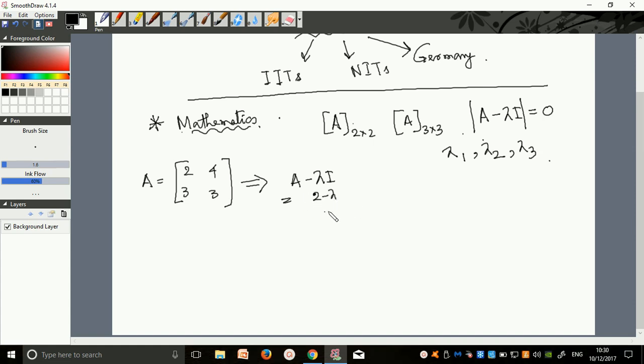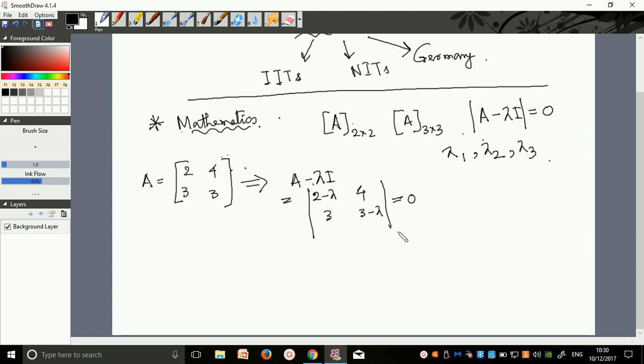So 2 minus lambda, 3, 4, 3 minus lambda. It is the determinant. Mind, there is a difference between this bracket, which is a matrix, and a determinant, which always boils down to a single value. We have made it into a determinant, then equate it to 0.